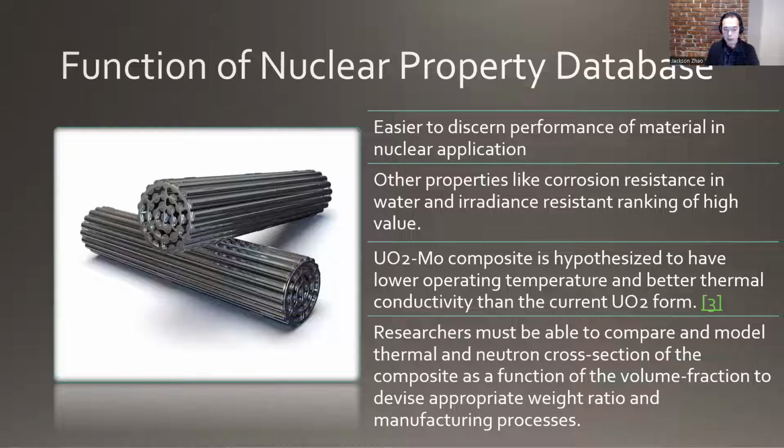A good example would be the ongoing research on the fabrication process of a composite fuel form. Researchers must be able to model thermal and neutron cross sections of a uranium dioxide and molybdenum composite as a function of volume fraction to devise appropriate weight ratios and manufacturing processes.